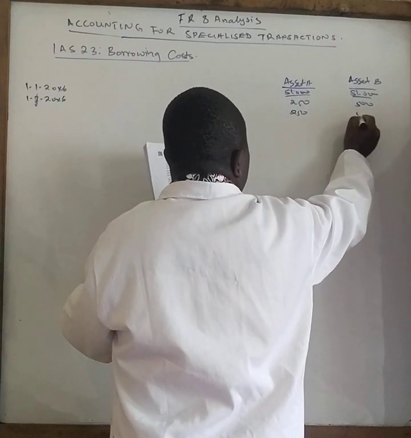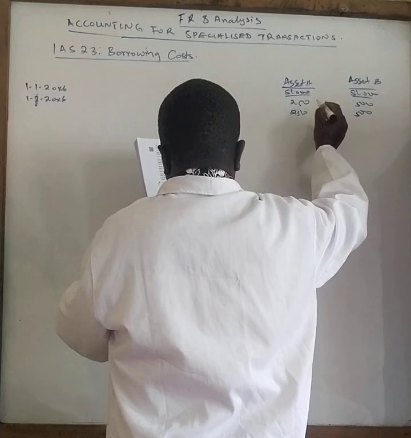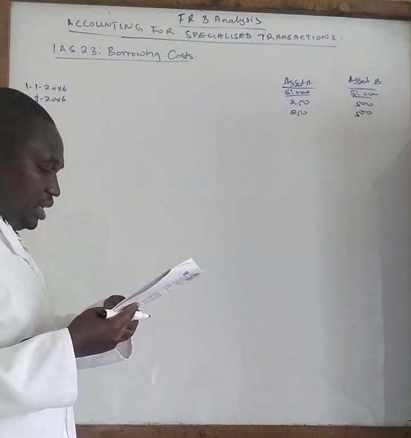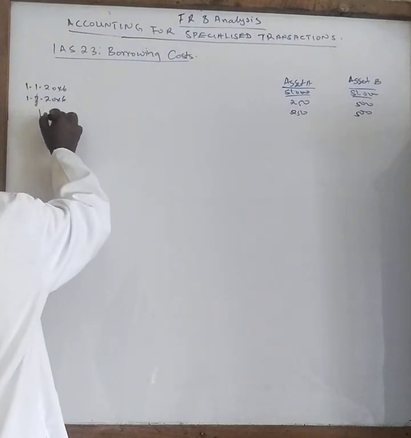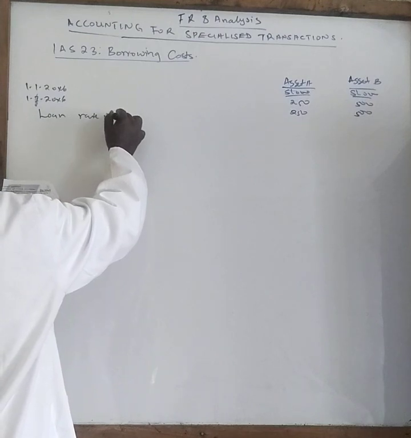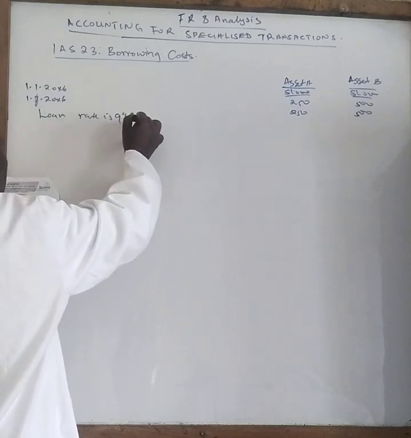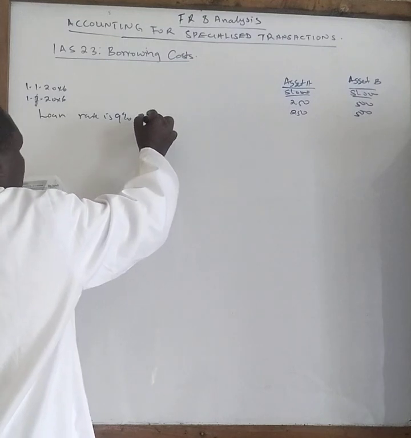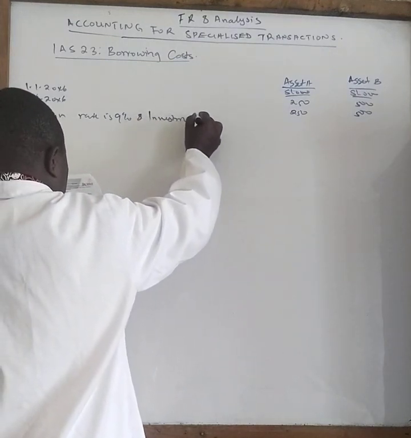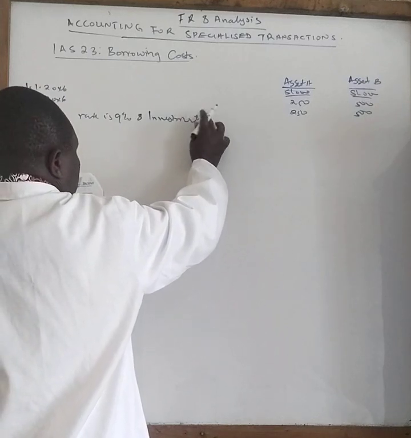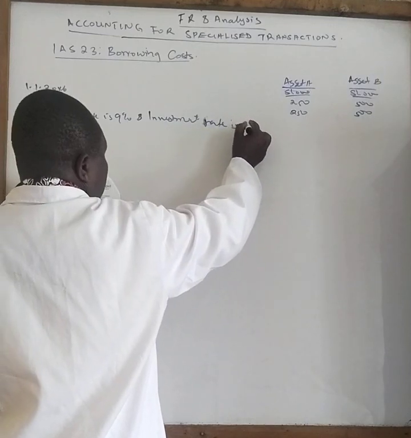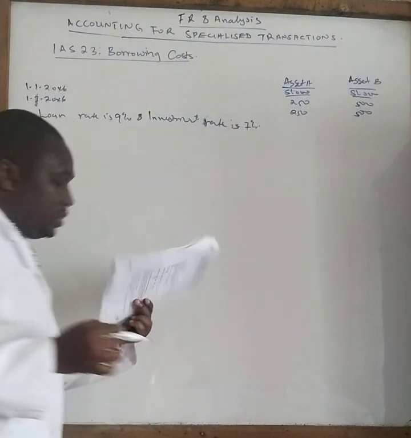Then we also need here 500. Then they are saying loan rate is 9%, and investment rate is 7%. That is the question.